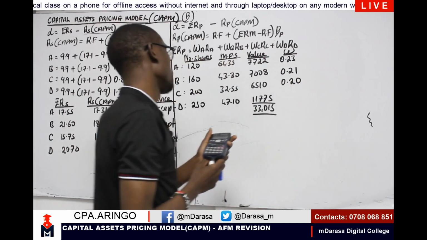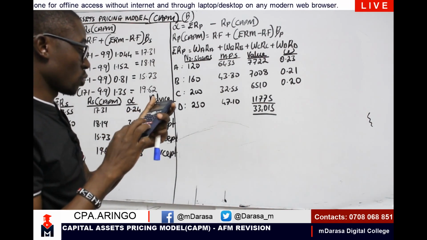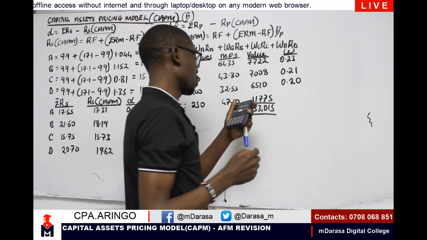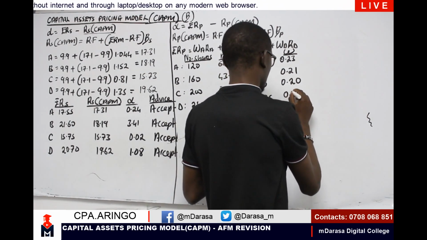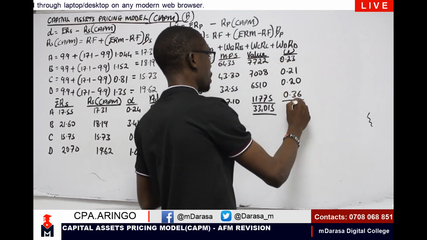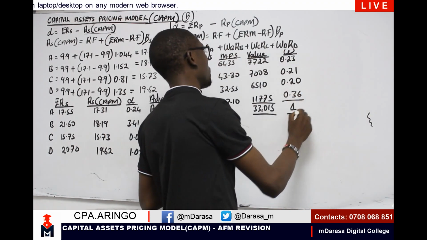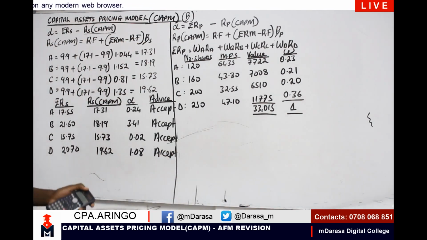Then finally 11775 divided by 33,015 should give us 0.36. If we add all this together, that should give us 1, right? So once we have determined our weight, our work will be very easy.